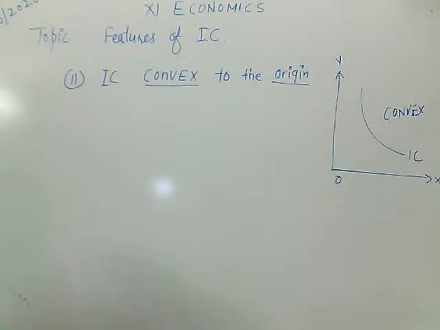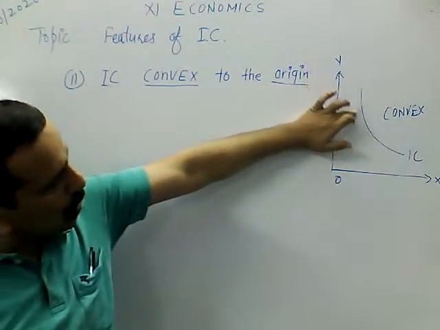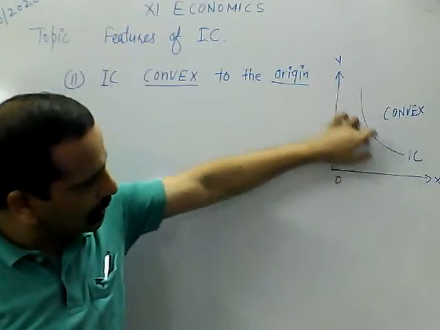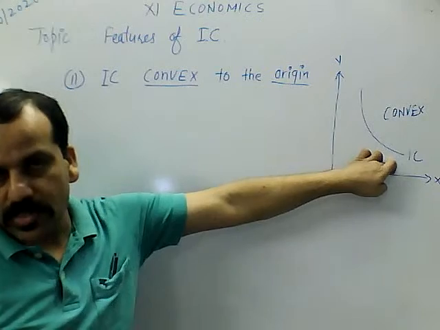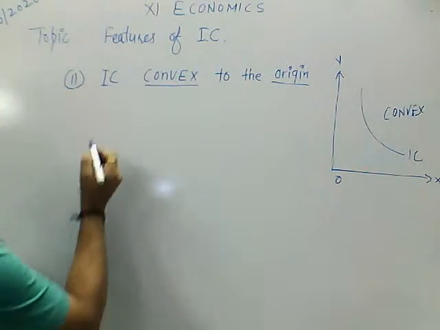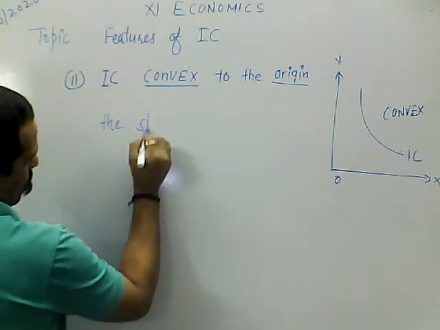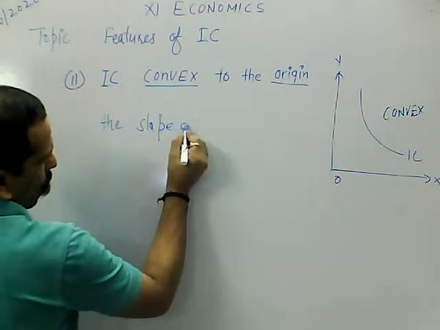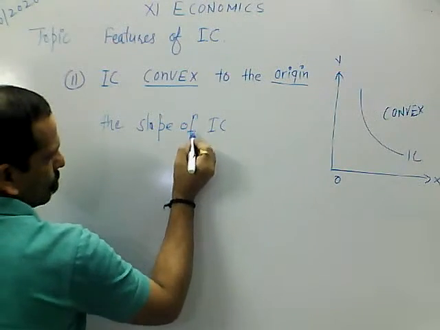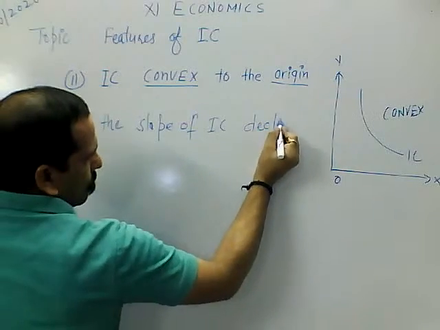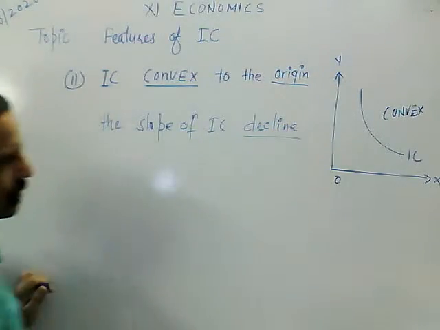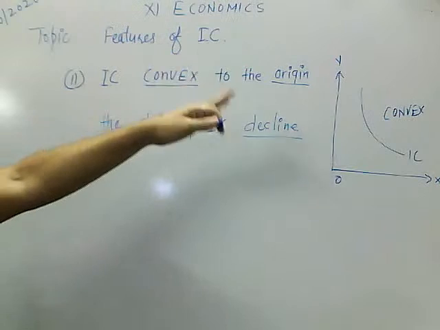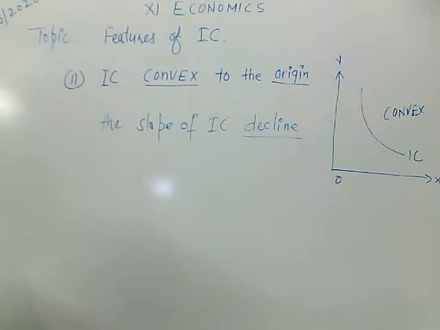Yes, Aditya. Uday, yes. Okay, good. So it means that the slope of the indifference curve declines. Declining means it keeps on falling.